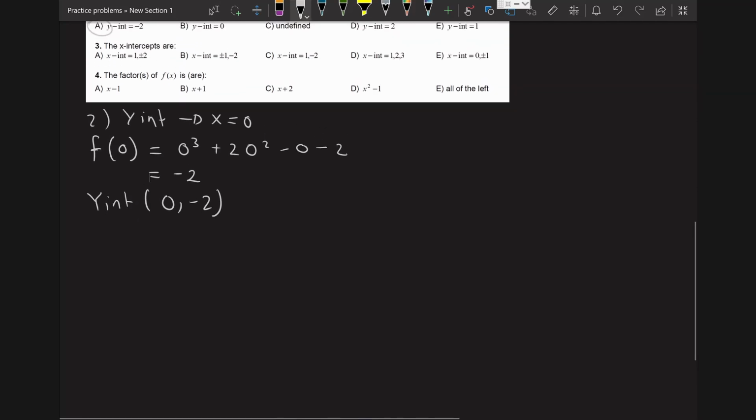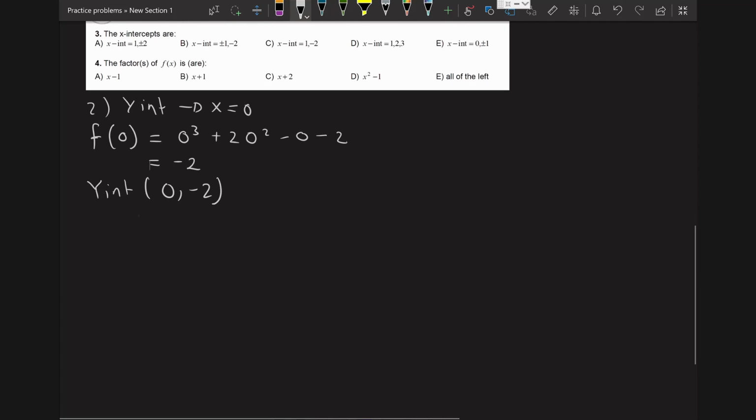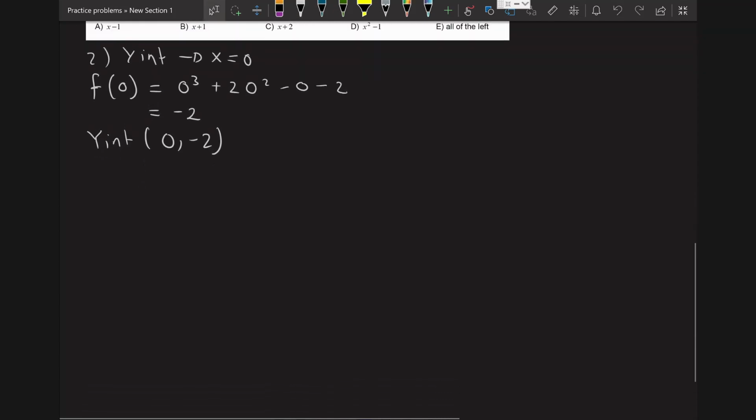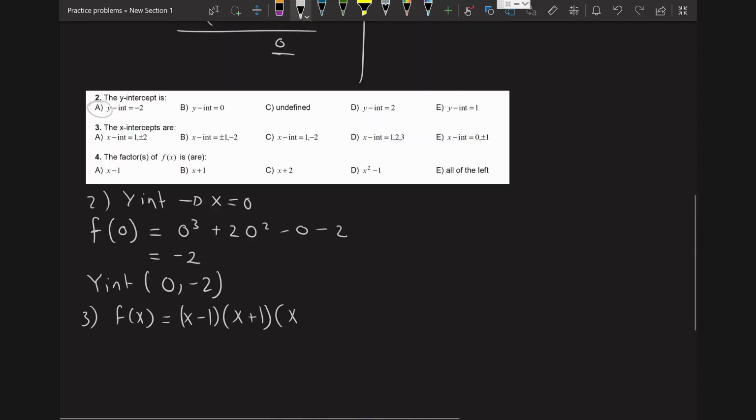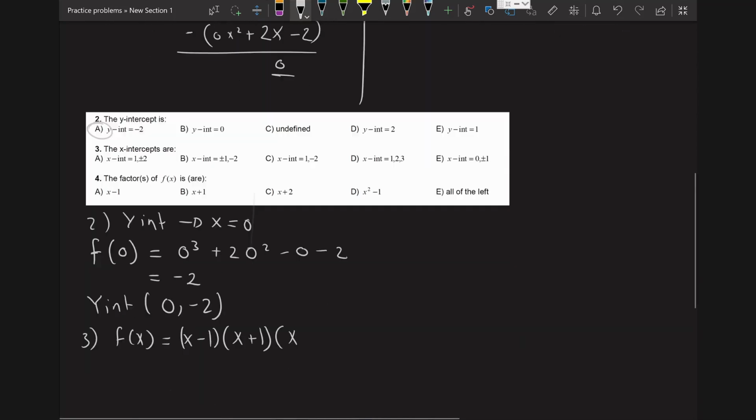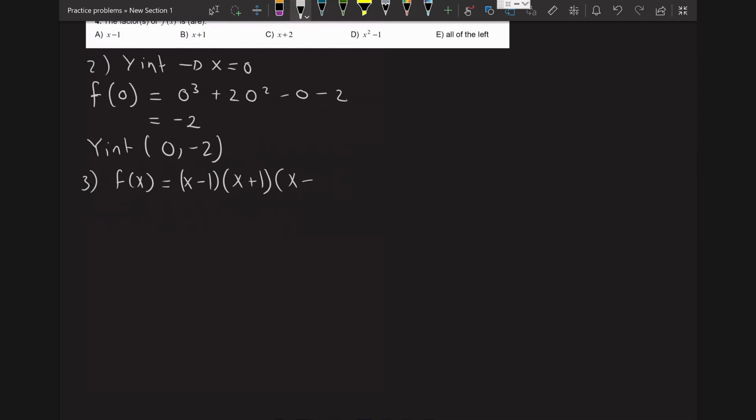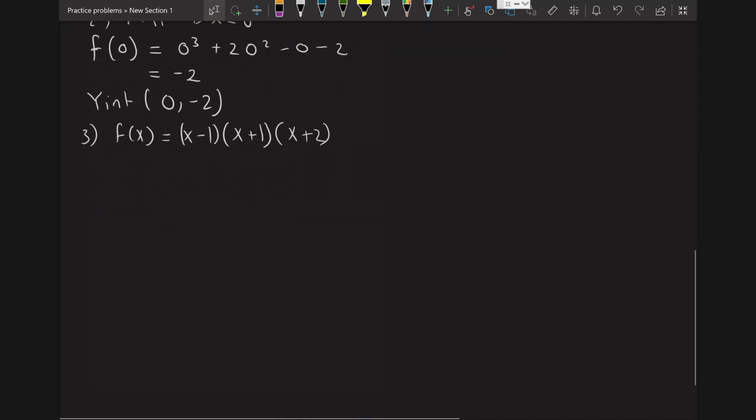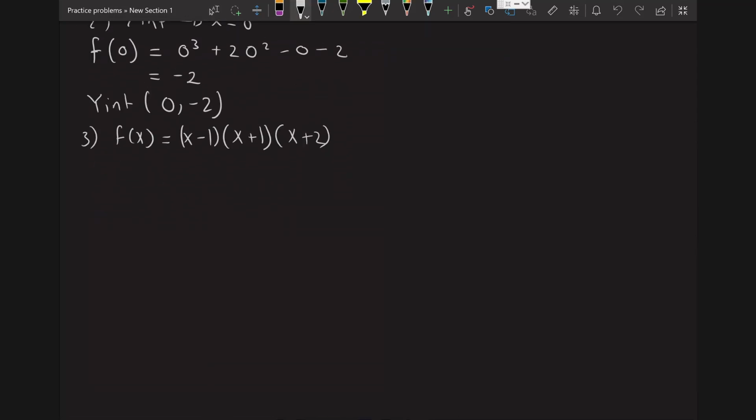As for the x-intercepts, those are the factors. So from part 1, we got f of x is equal to x minus 1, x plus 1, and x plus 2. Therefore, the x-intercepts are when y is equal to 0.